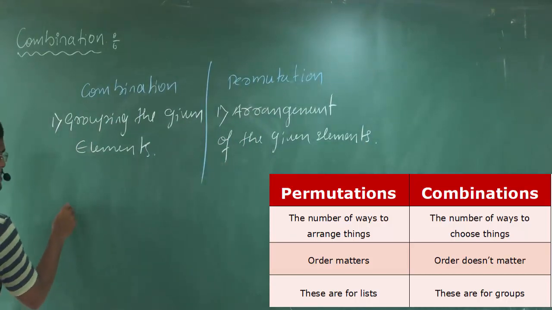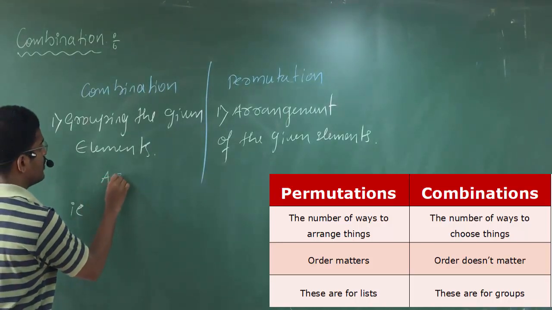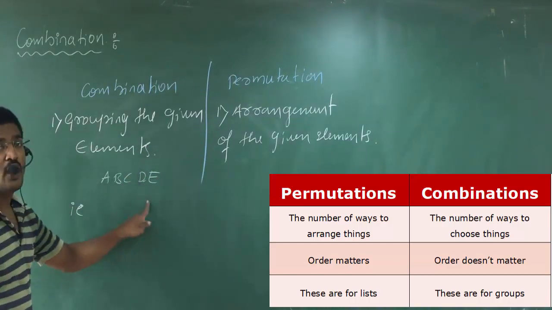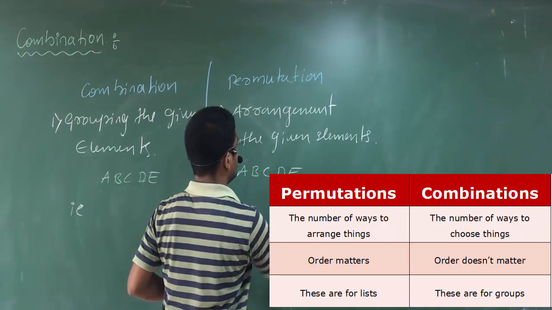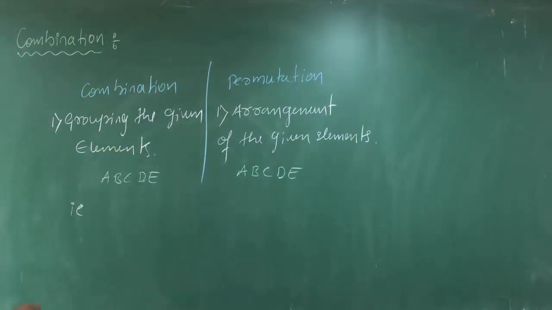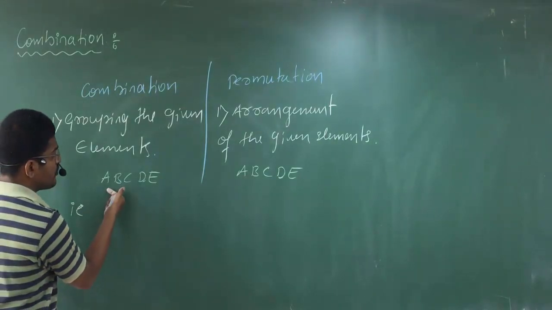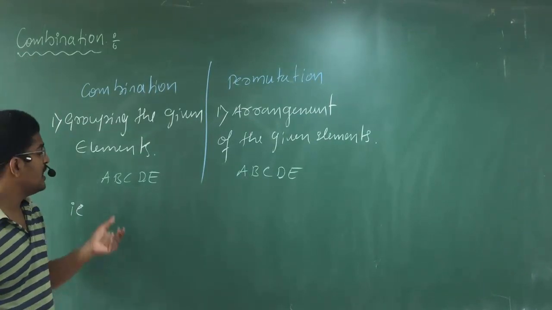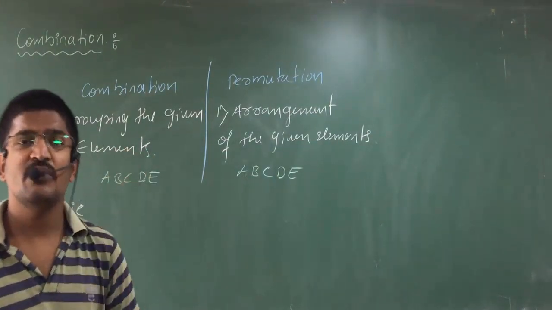So if you have A, B, C, D and E, that means you have 5 alphabets, here also A, B, C, D, E, 5 elements. They will tell you to take three elements from this, that means you choose three elements.